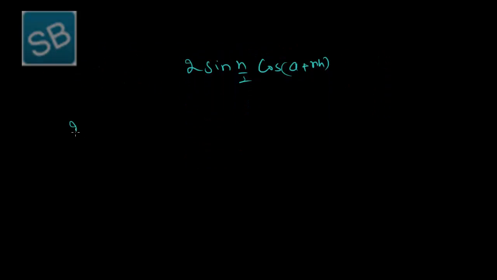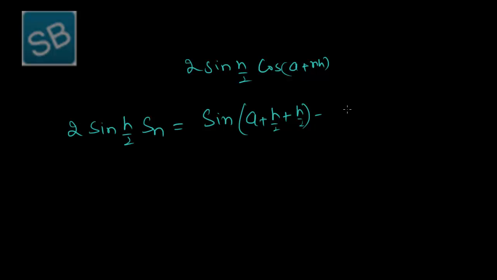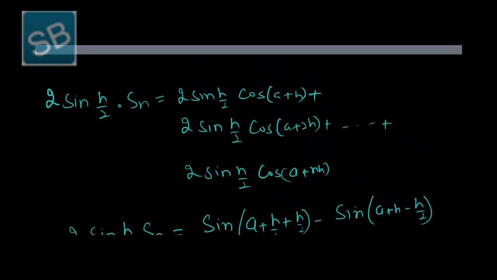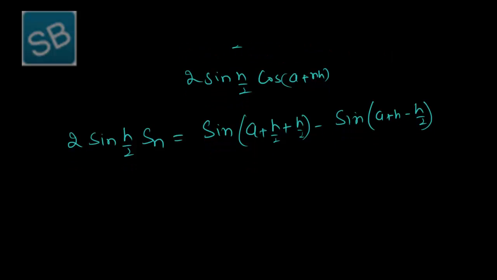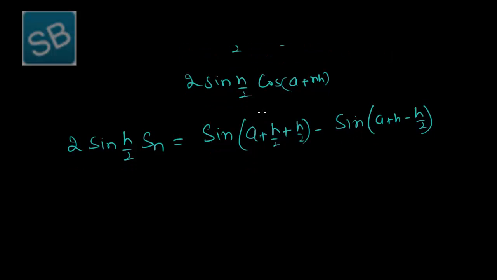Now, 2 sin c cos d becomes the formula sin(c + d) minus sin(c - d), that is d minus c.